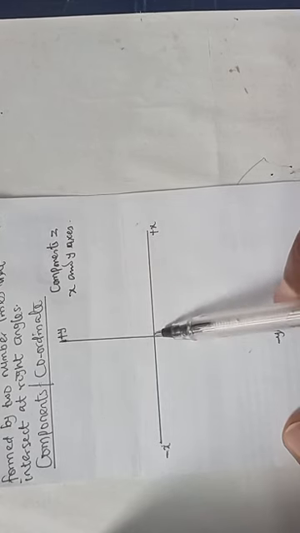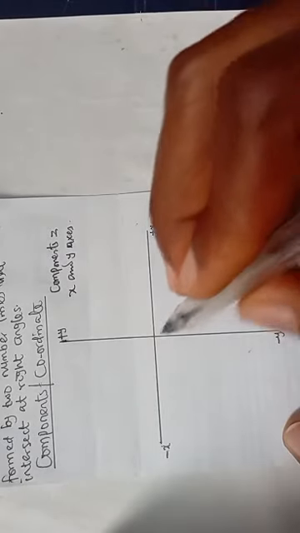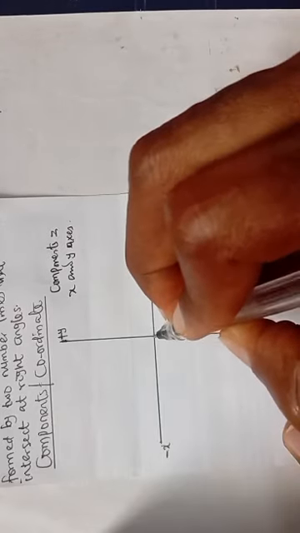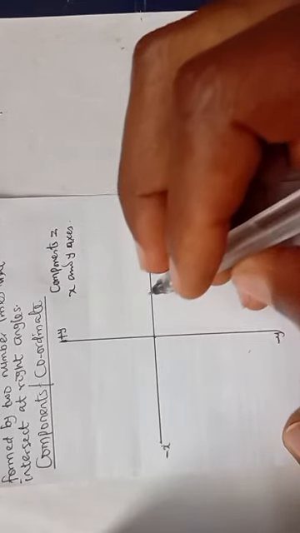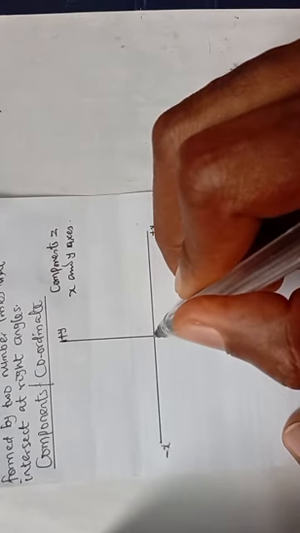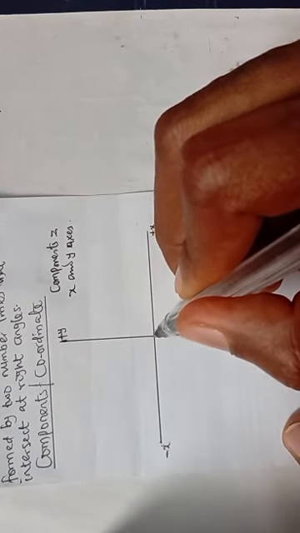Anything on this very line is what we call a number line. This very place where the two lines meet is called the point of origin. Anything at this point is 0. From here, you can start your counting.